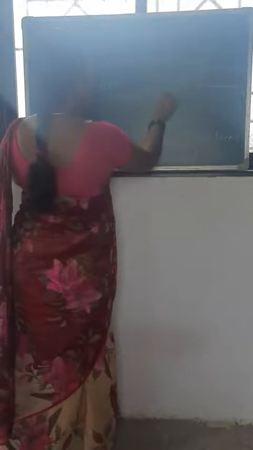If angle A plus angle B is greater than 180 degrees, then 360 degrees minus angle A plus angle B is less than 180.